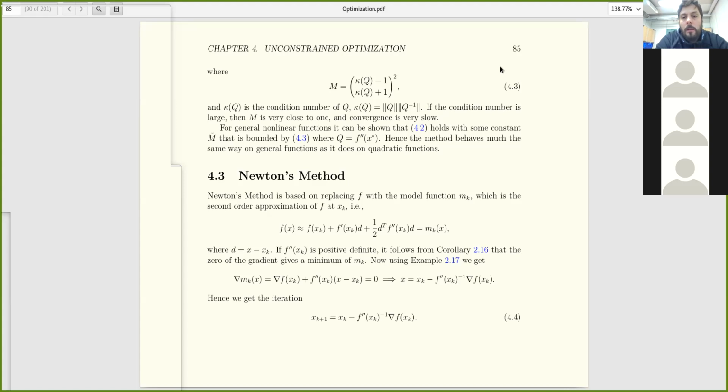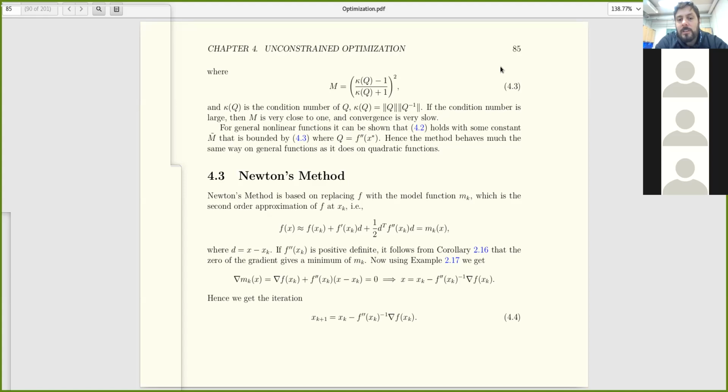So instead of finding the critical point of f directly, we look at its second order approximation and look for its critical point. So we can actually look at the gradient of mk. The gradient of it is simply the gradient of f at xk plus then the f double prime, which is the Hessian, times x minus xk. This is the approximation of the gradient.